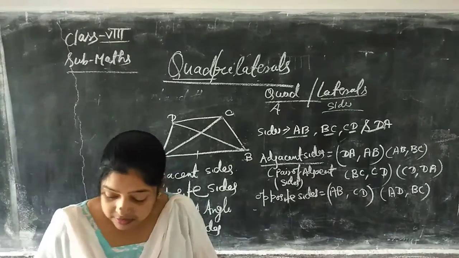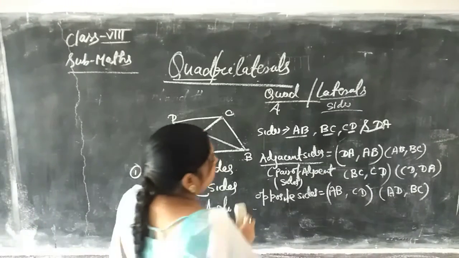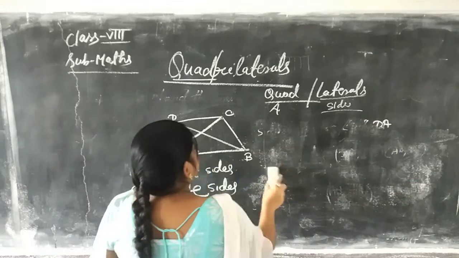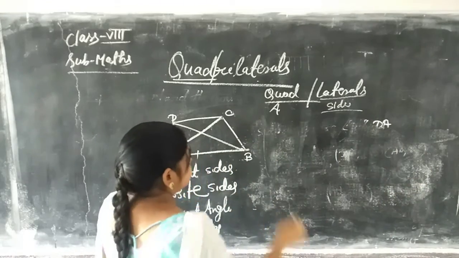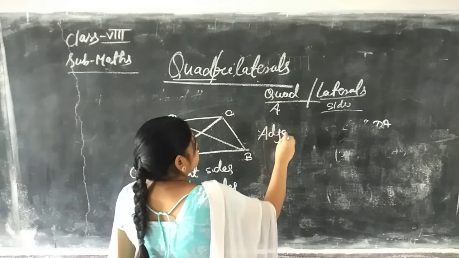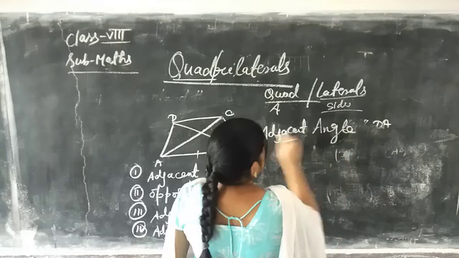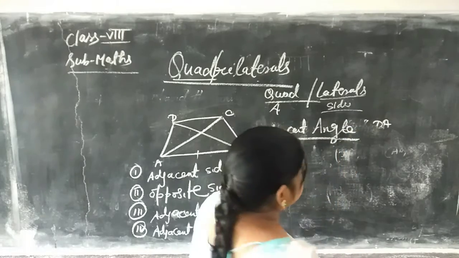Next is the adjacent angles of a quadrilateral. Adjacent angles.